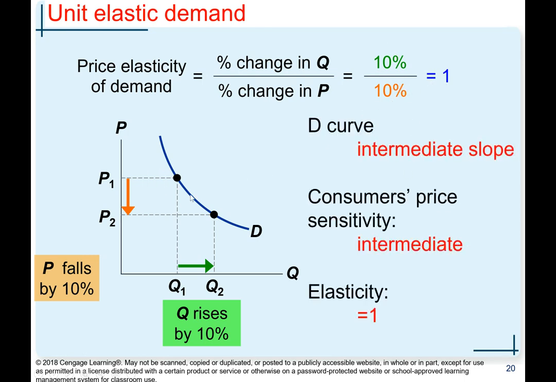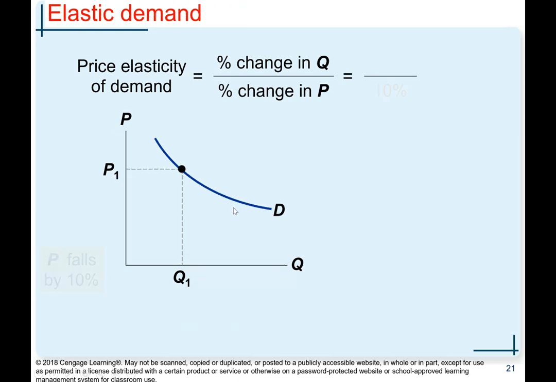Demand curve is intermediate, some midpoint between being steep and being relatively flat, and that we call intermediate slope. Consumer price sensitivity is intermediate, not flat, not steep, and therefore elasticity coefficient is equal to 1.